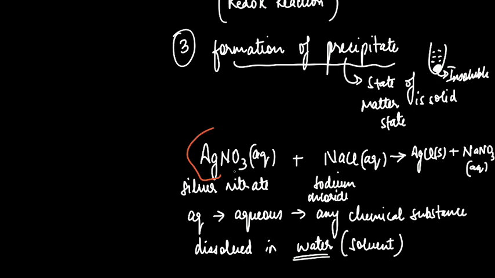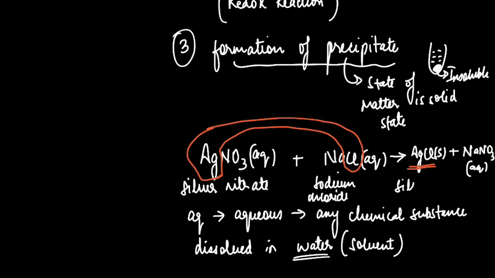How do I know? Because it's written on the right hand side of the chemical formula. So this cation is going to be attracted towards the anion of the other chemical reactant, and we are going to get AgCl, and NaNO3, that is sodium nitrate.